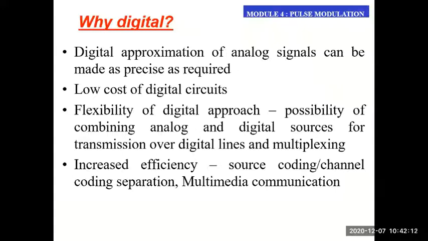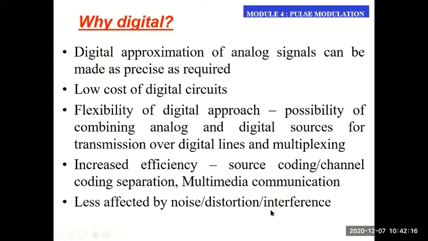And that is possible only because of digital communication. And we discussed it should be less affected by noise, distortion, interference. It doesn't mean that noise and distortion don't affect it. It does, but we have better techniques to handle them. In analog, the way we handle the noise or distortion is not so matured, not so easy and not efficient.